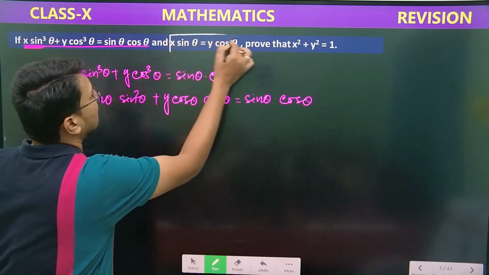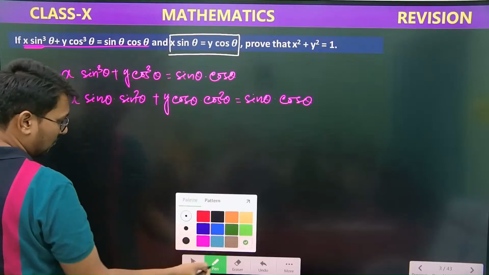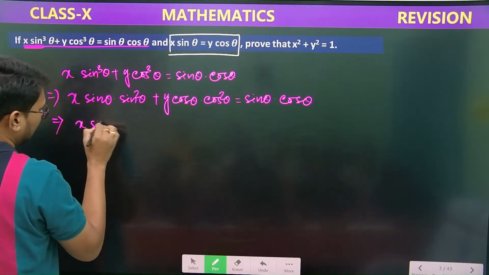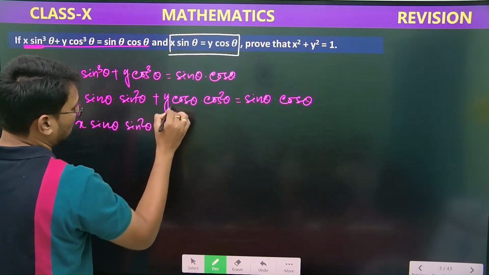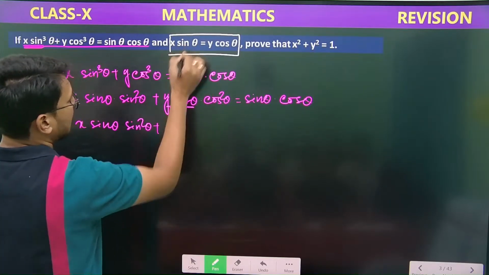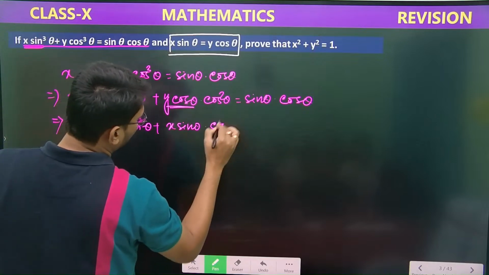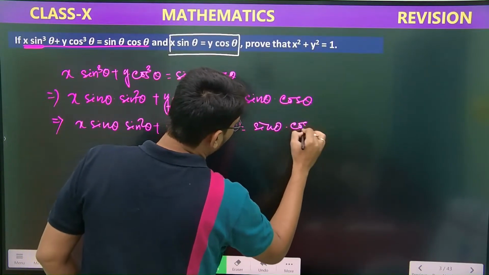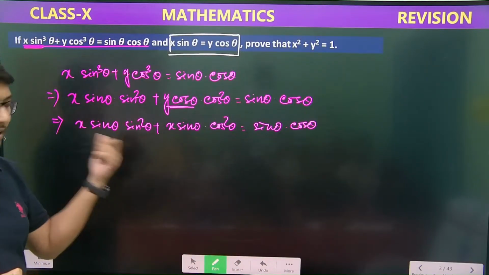So I am writing: x sin theta into sin square theta plus x sin theta into cos square theta equals sin theta into cos theta. Is this step clear?